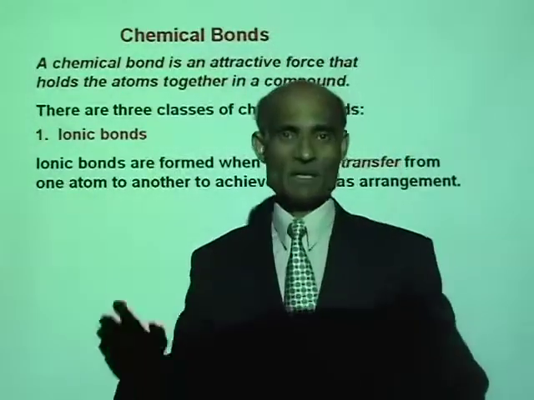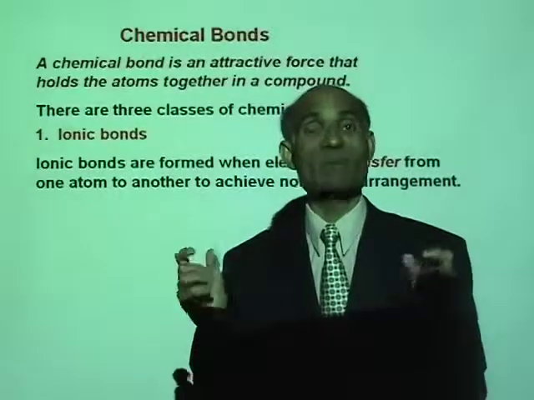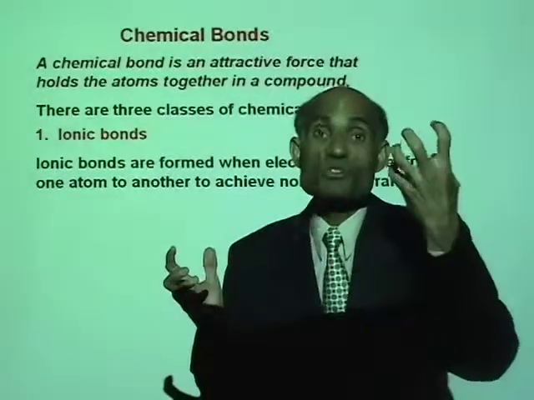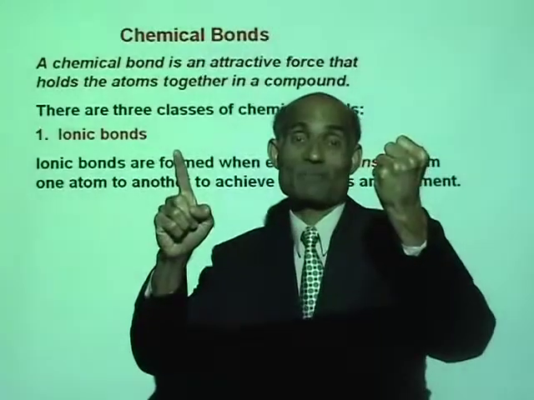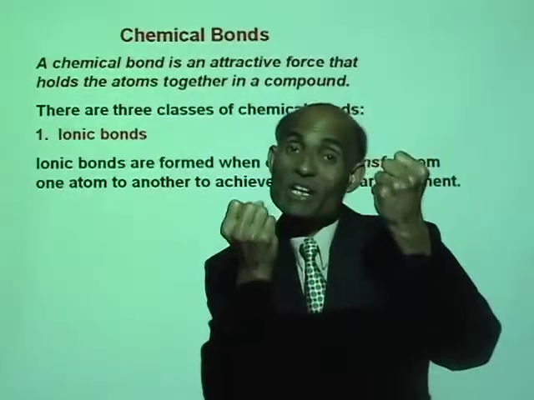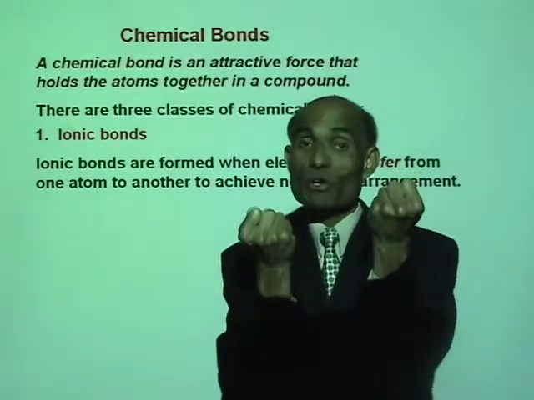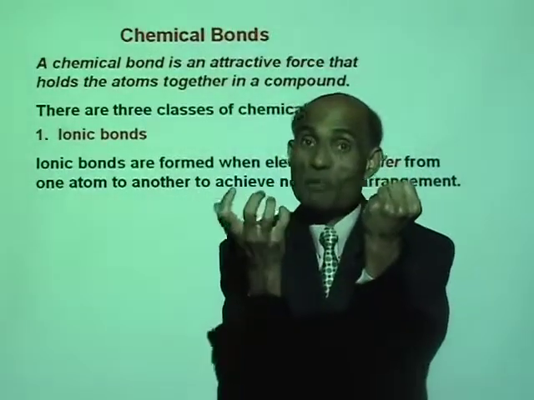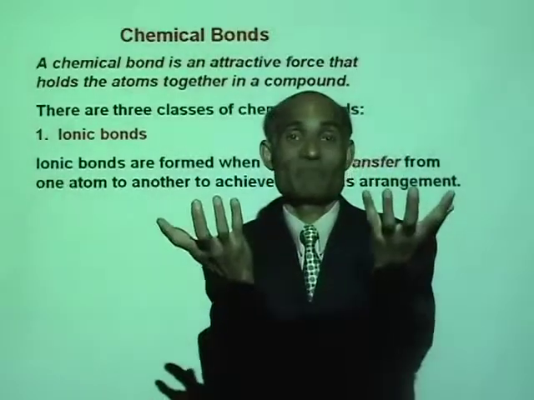So, look at the sodium and chlorine examples we talked about in the previous slide. Sodium is keen to get rid of one electron. Chlorine is keen to get an additional electron. So, a sodium atom approaches a chlorine atom and makes a proposal.